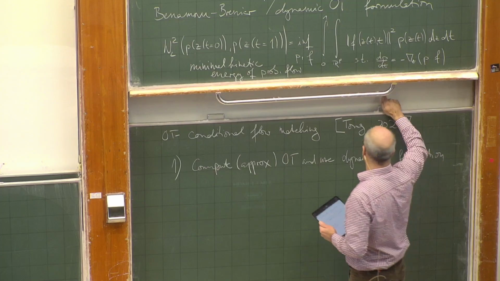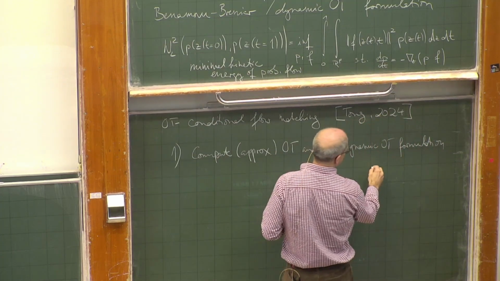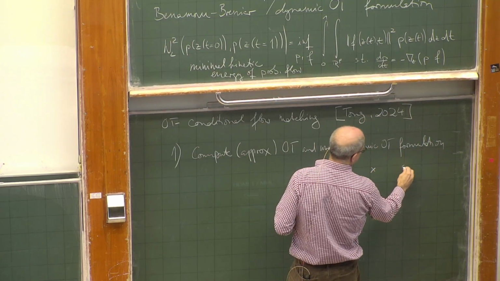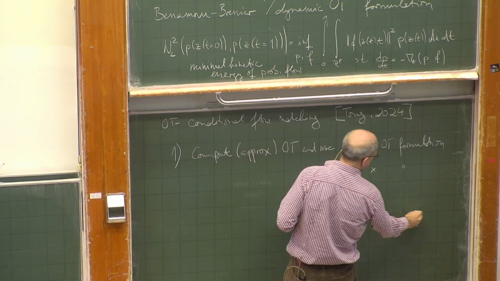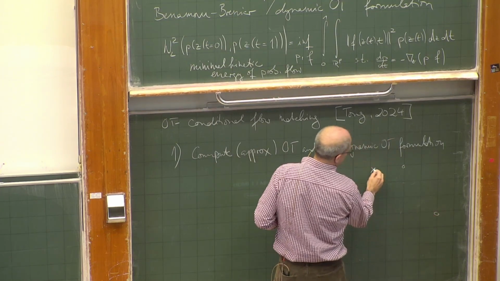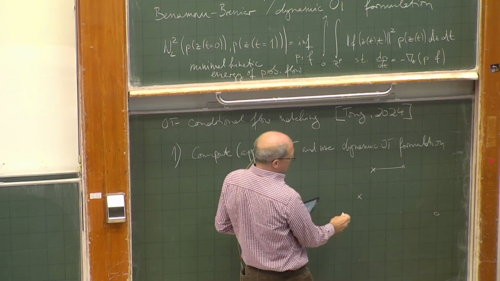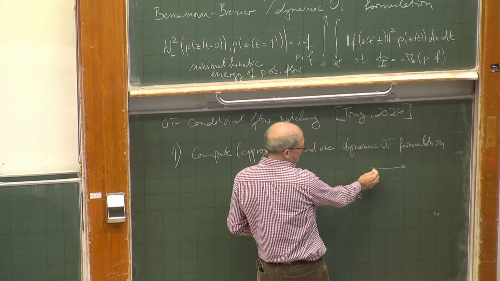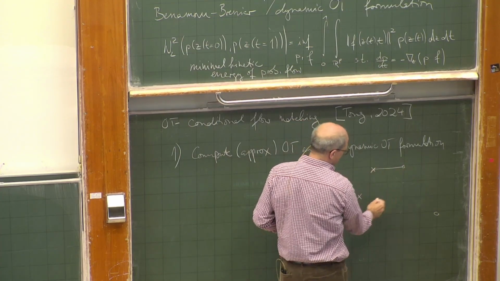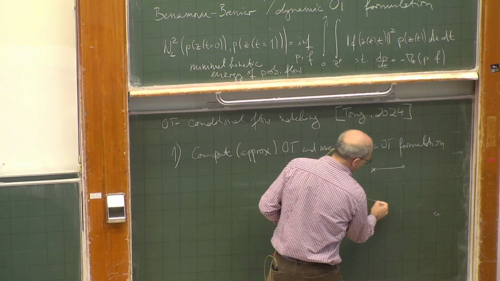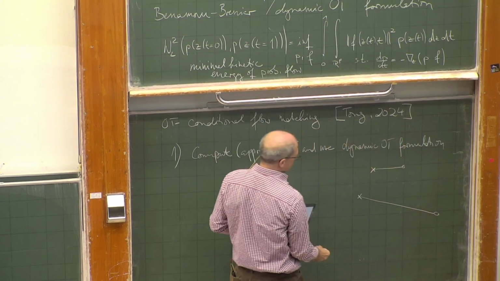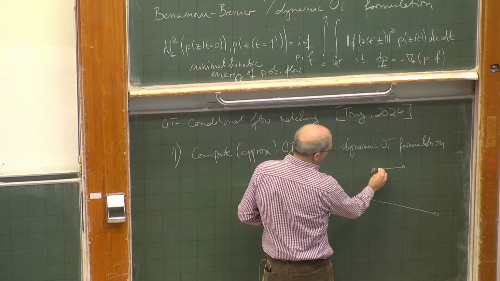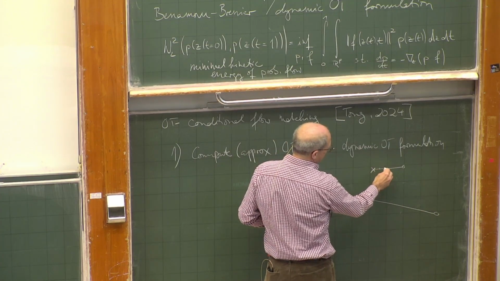So in other words, once I have decided, by solving the optimal transport problem, that this point from my base distribution maps here, and that point from my base distribution maps there, I can now parameterize it by time.